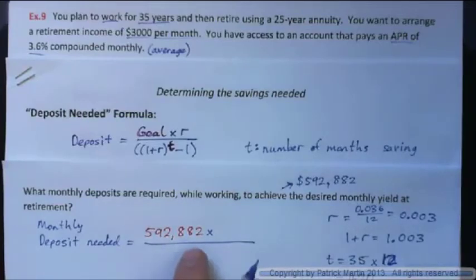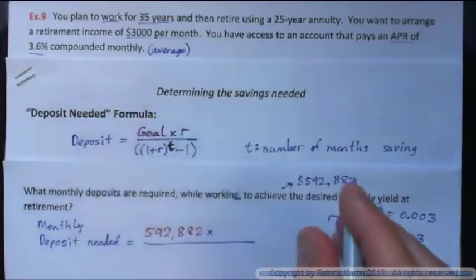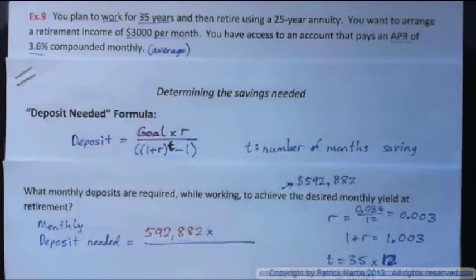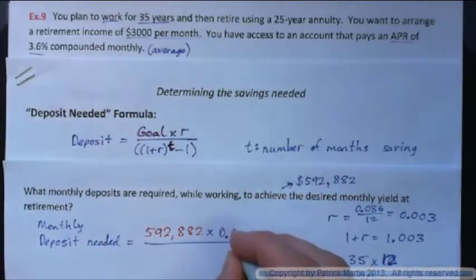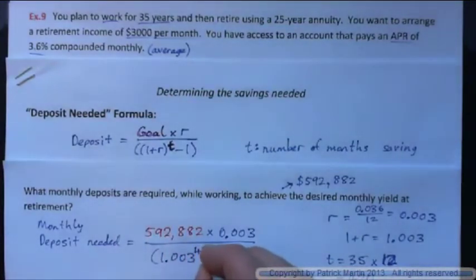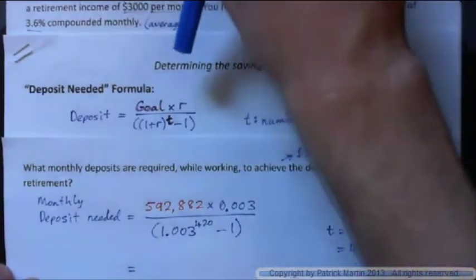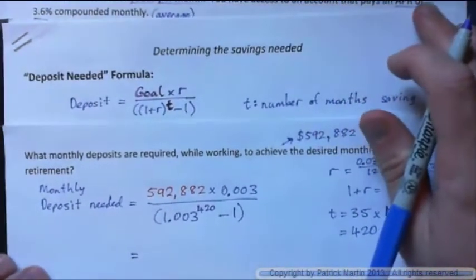So we have T is 420, we have R, we have 1 plus R, so we just need to plug it into the deposit needed formula. So R is 0.003, and it's all over 1 plus R to the power of T, 1.003 to the power of 420, then subtract 1. Okay, so we're going to carefully calculate that and see how that goes.